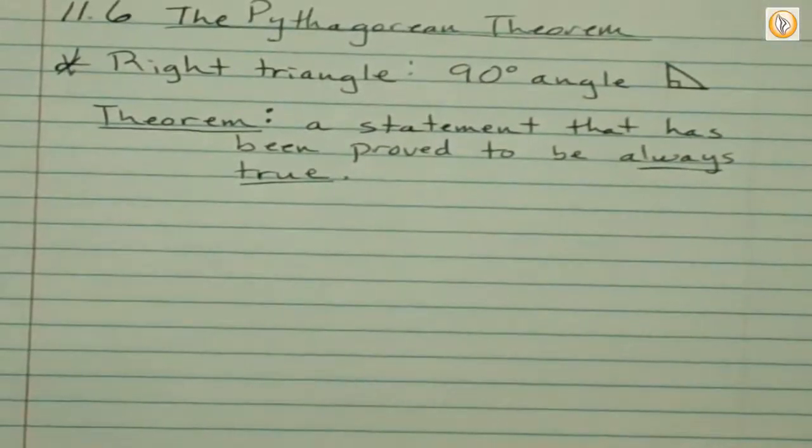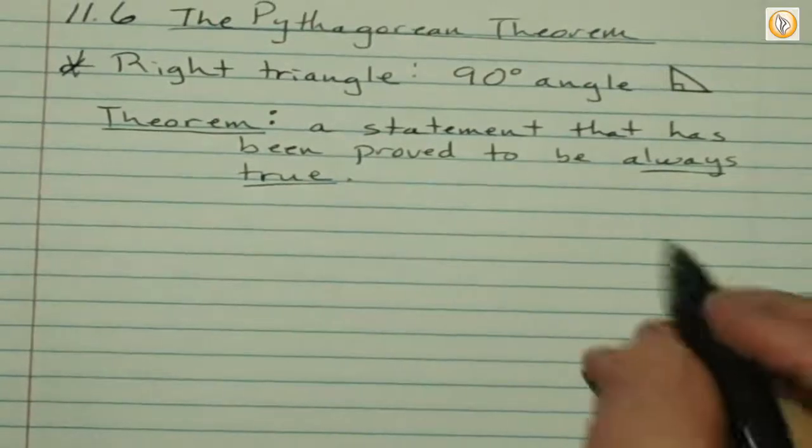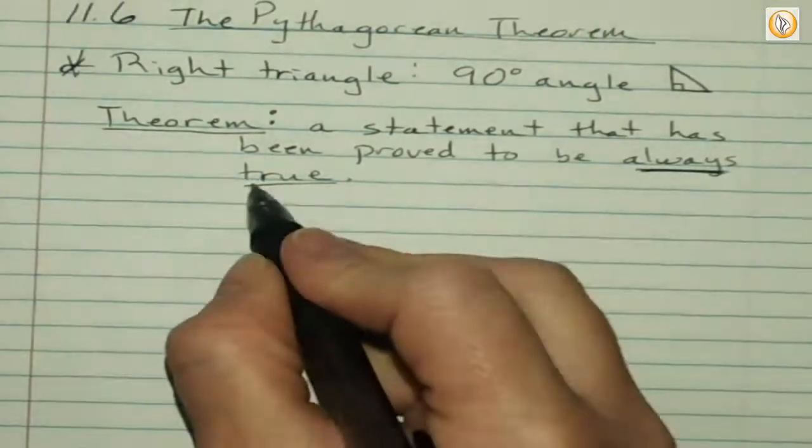A theorem is a statement that has been proved to be always true. Always. So that would help for some of you who are like, what if? It's always true.